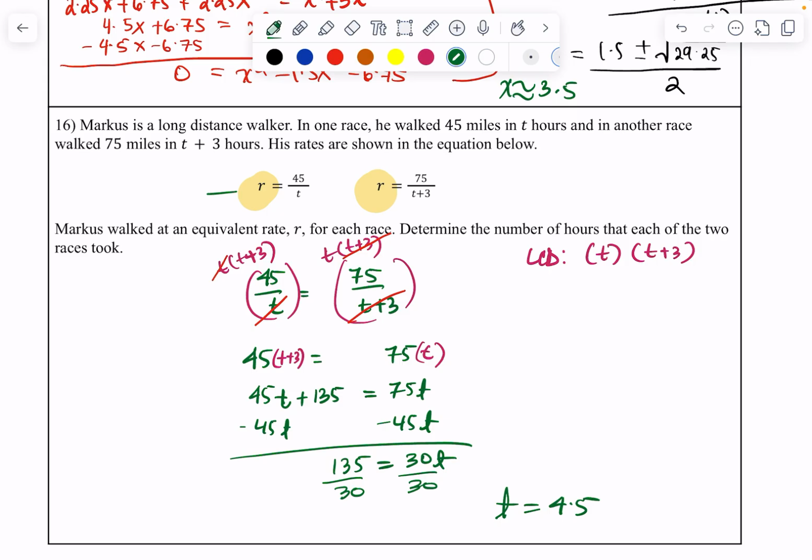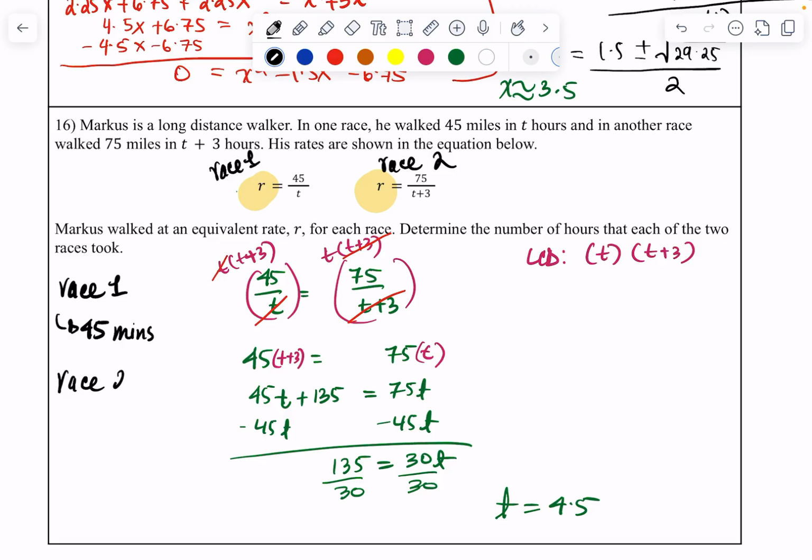So that means we need to find the number of hours that each of the two races took. So we can say race 1, race 2. Race 1 took 4.5 hours.